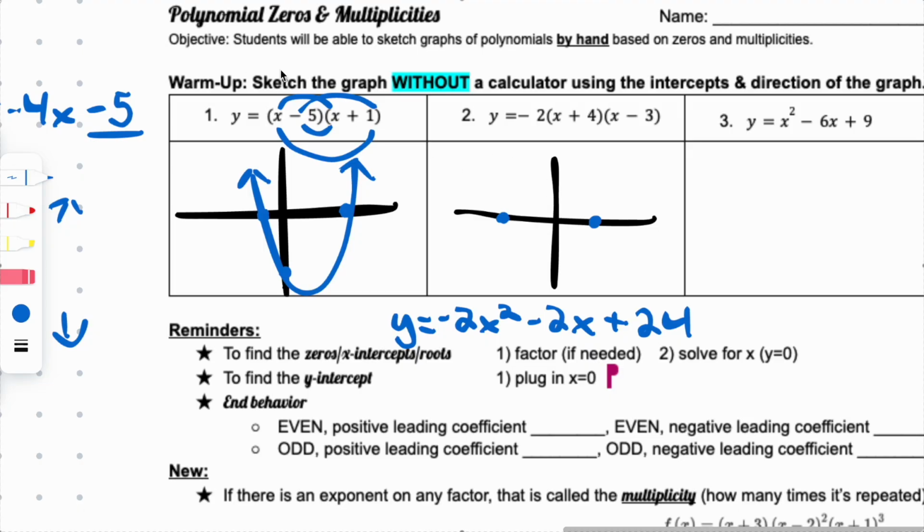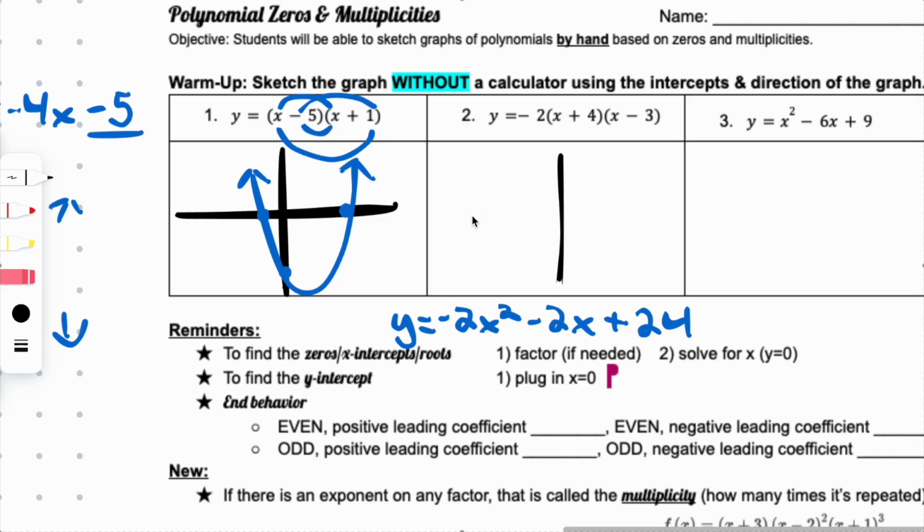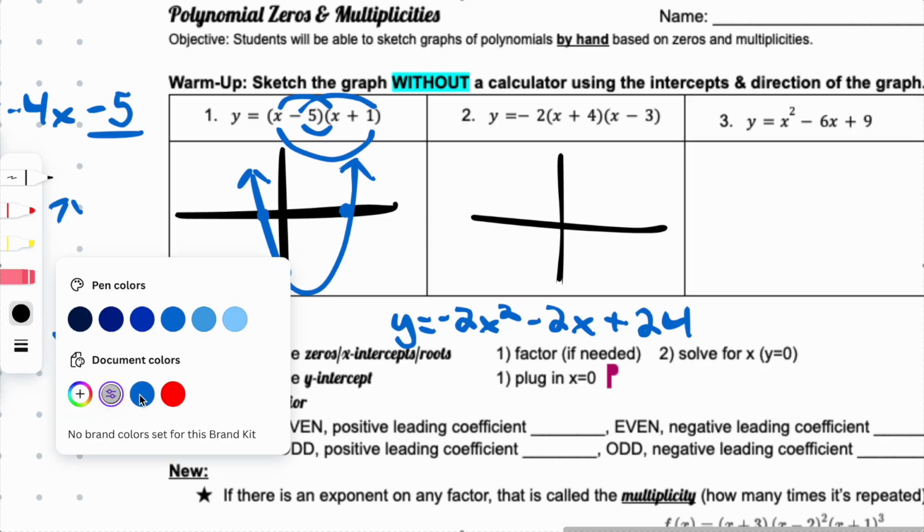You know what? I'm going to totally redo this graph because I had this out of scale. We're still going to have our x and y axis, we're just going to change the scaling.